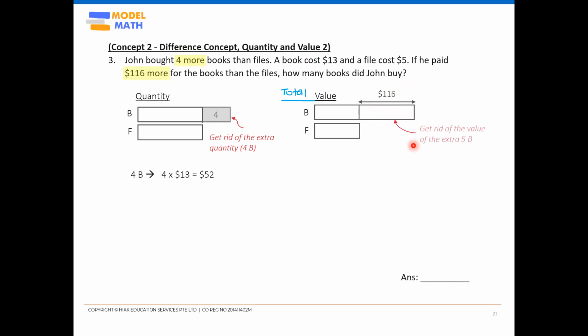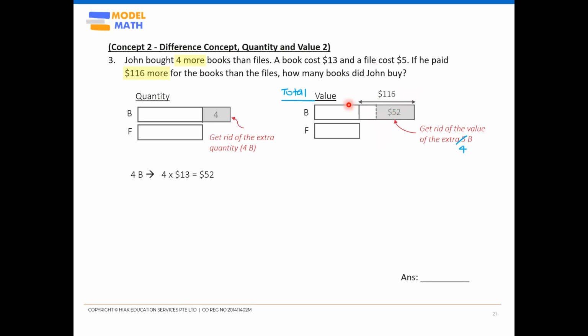So just cut it off. Get rid of the extra value of the 4 books, not 5. There's a typo error here. So remove away. You cut somewhere like that, or it can be a bit smaller. Then just write down 52, and then of course you shade it off. Please shade it. All right.